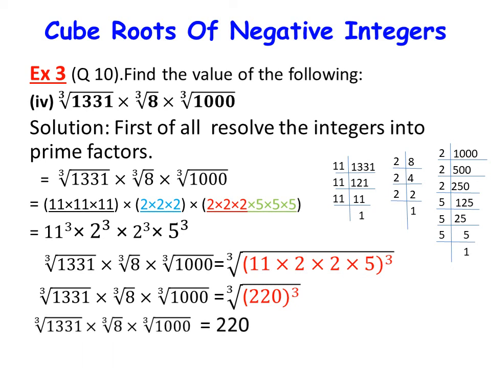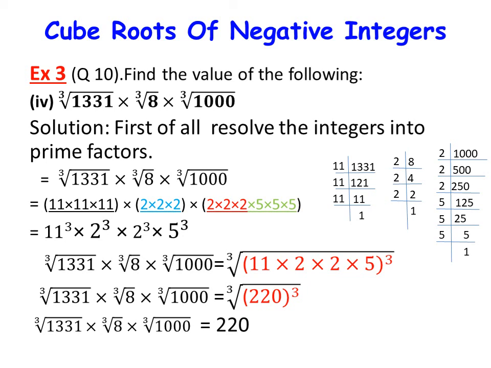So cube and cube root will cancel out each other, and you will get your value as 22. In this way, nothing is new, except that a few operations are involved between two or more expressions. In this way, you will be able to complete your exercise questions.